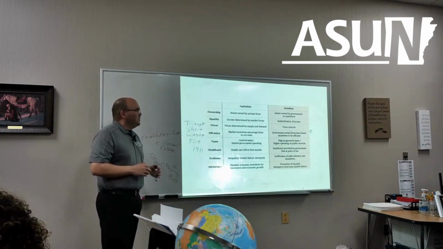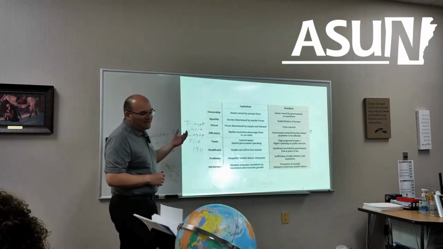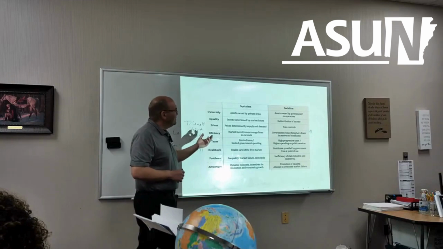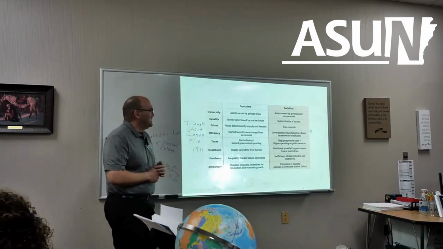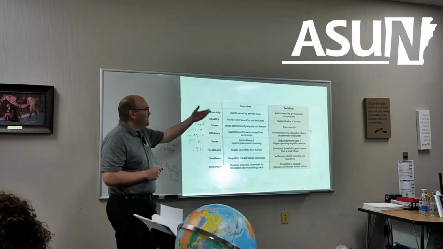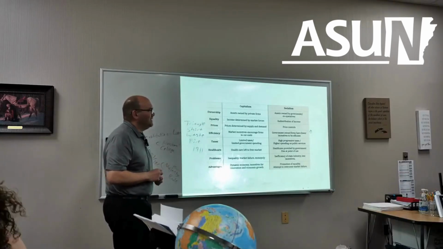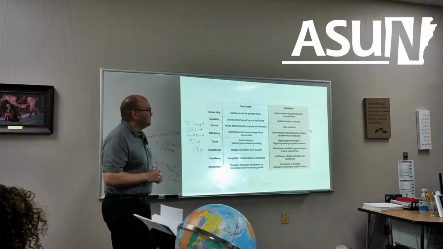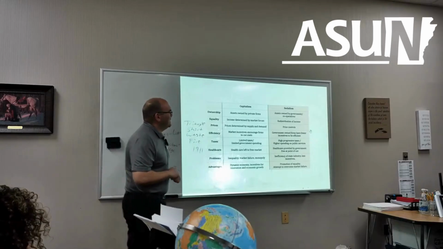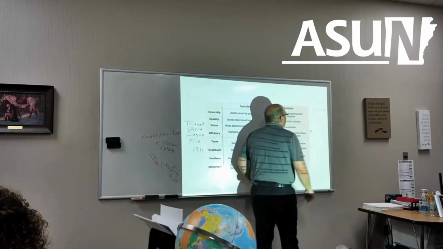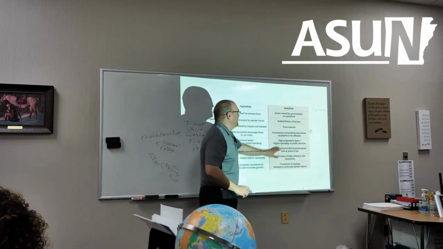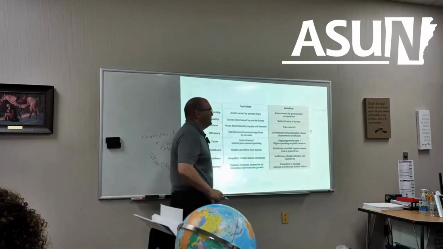Whenever we talk about parts of the test, this could pop up. I have seen it on there. So keep this idea of capitalism versus socialism versus communism. I would say that communism would be over here, because socialism is a logical step to communism.